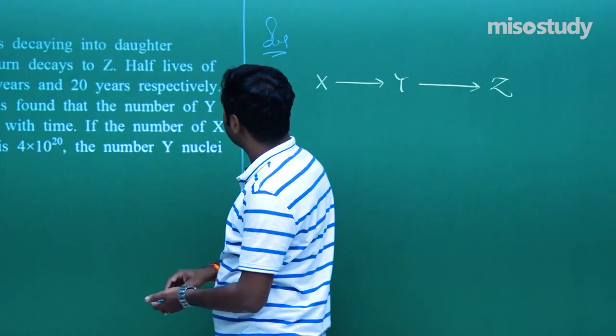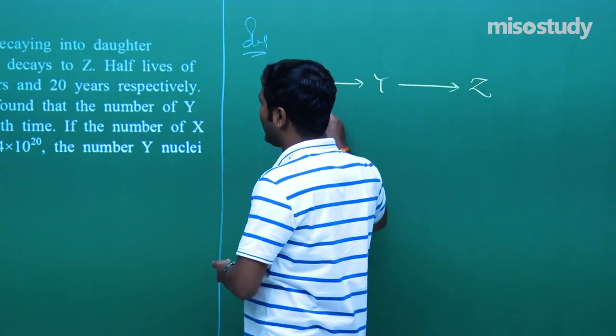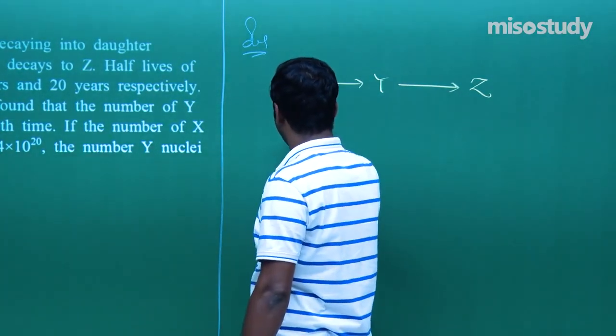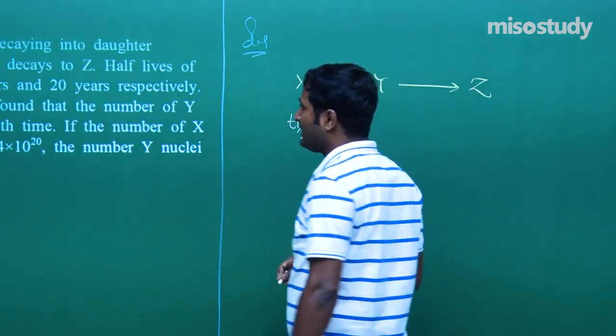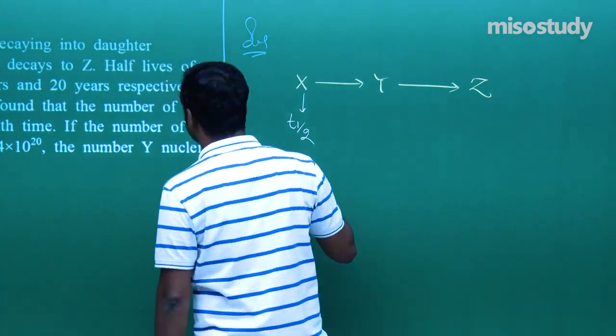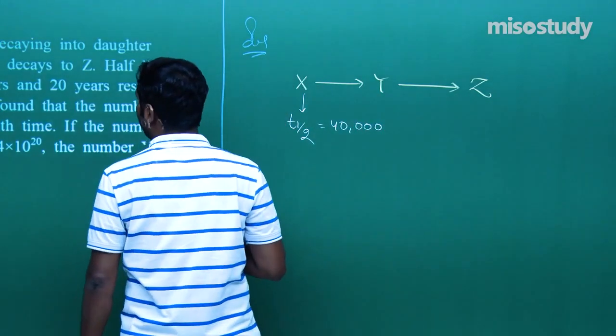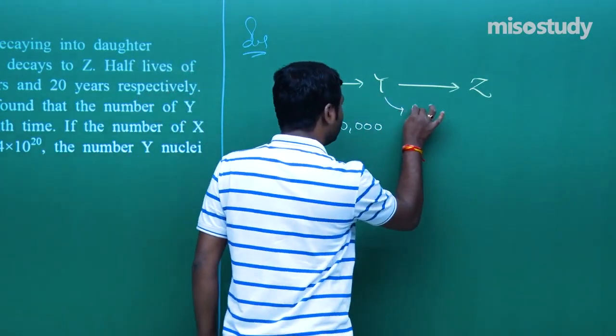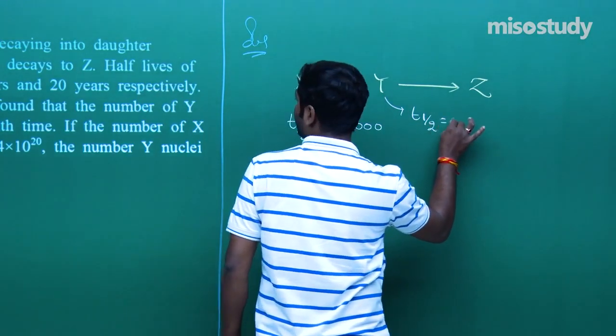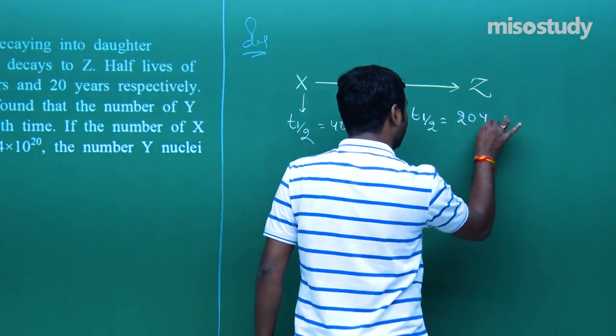Okay, this is the thing. The half-life of X is given as 40 years, and the half-life of Y is given here as 20 years, my friend.